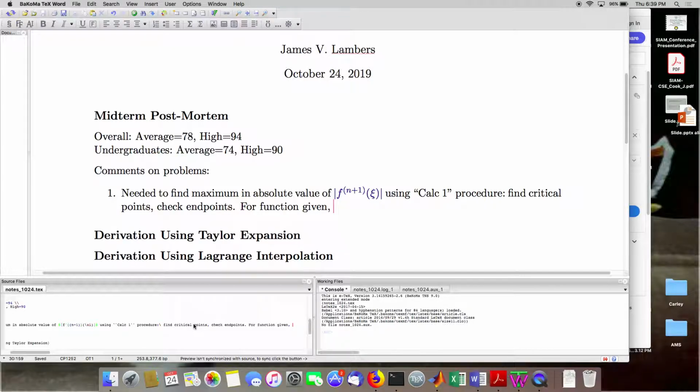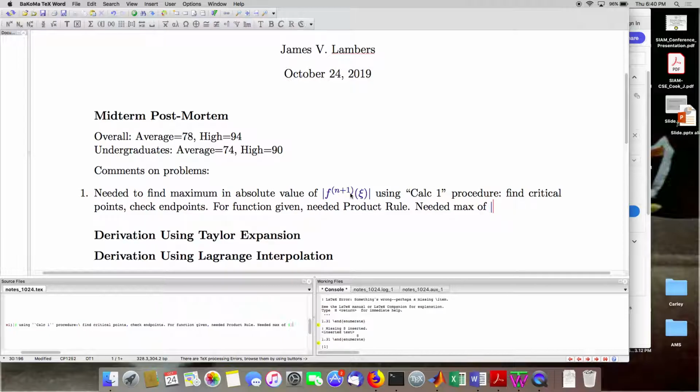For that function in question, the product rule was needed to compute the appropriate derivative. And in the problem that you had, n was equal to 1, so you needed the max of f double prime.